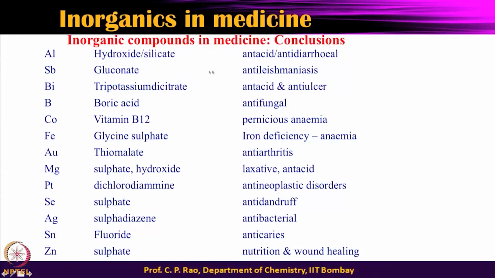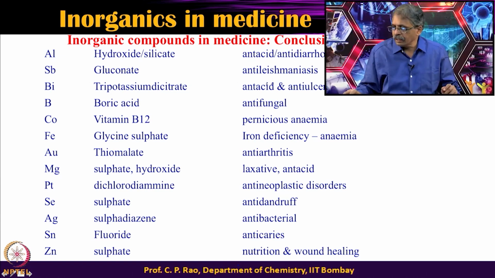Okay, while teaching you that, I have also given a compilation of the most commonly found inorganic compounds in medicine. You can see aluminum as hydroxide and silicate is antacid, antidiarrheal. Antimony gluconate can be used for anti-leishmaniasis.